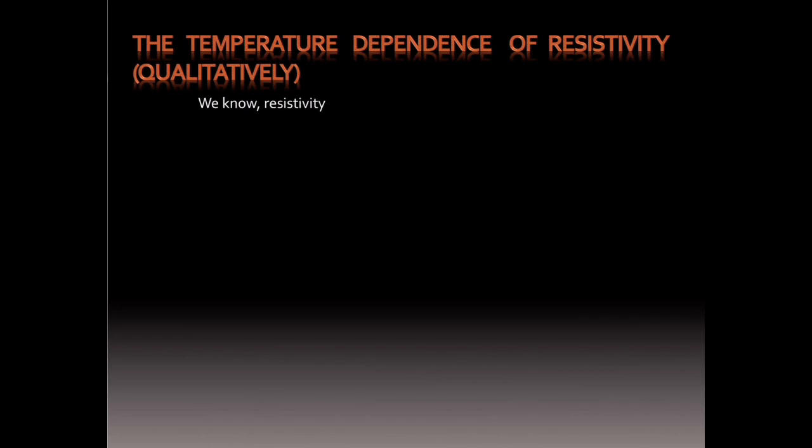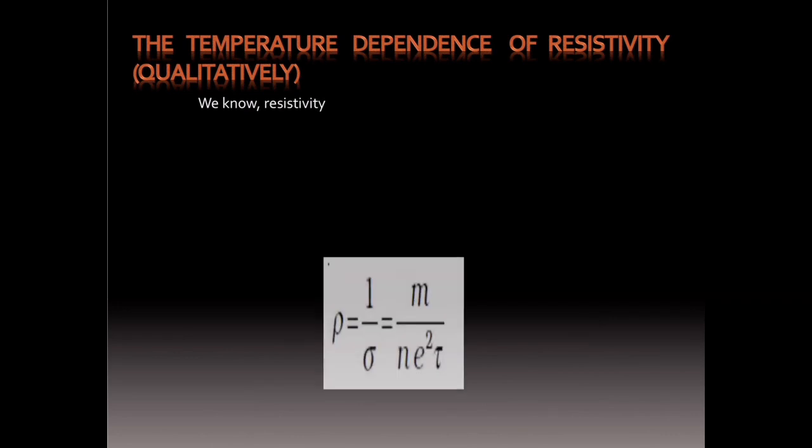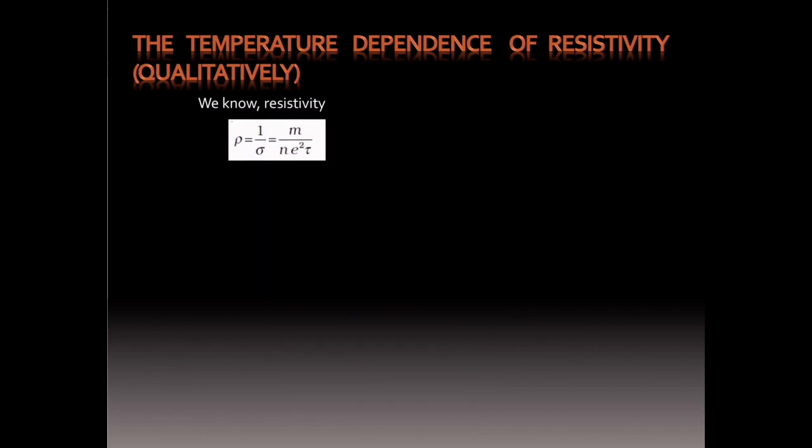Now see the temperature dependence of resistivity by formula, qualitatively. We know resistivity is equal to m by n e square tau. For metals, resistivity increases with increase in temperature.